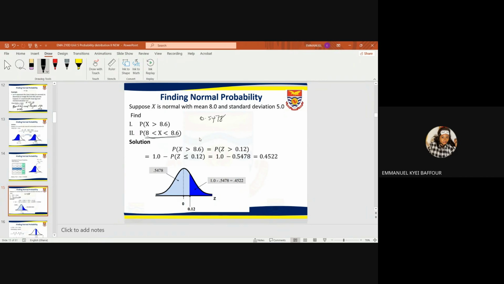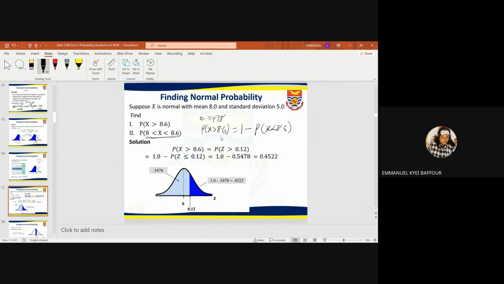Then, if you are to calculate X greater than 8.6, you can say that the probability of X greater than 8.6 will be the same as 1 minus the probability of X being less than 8.6, right?